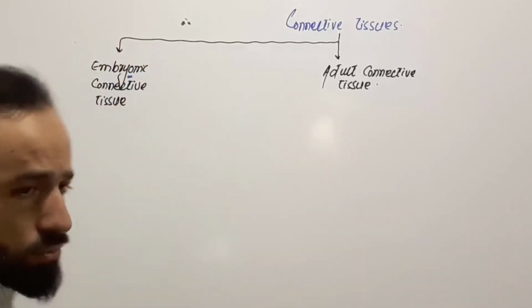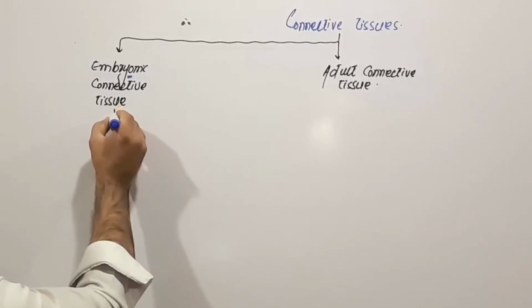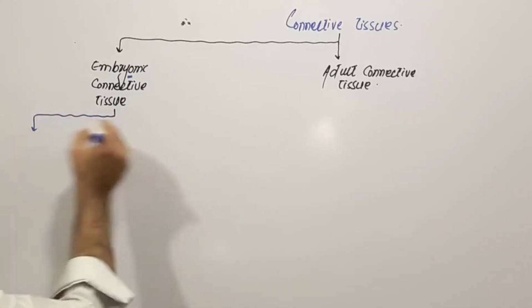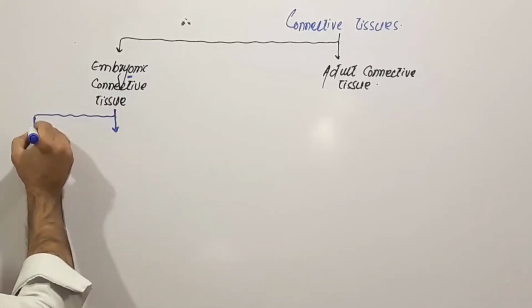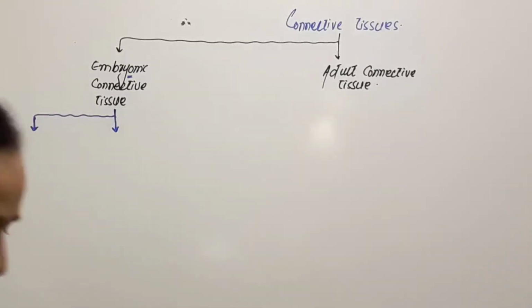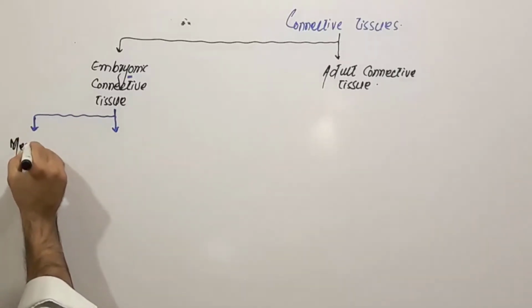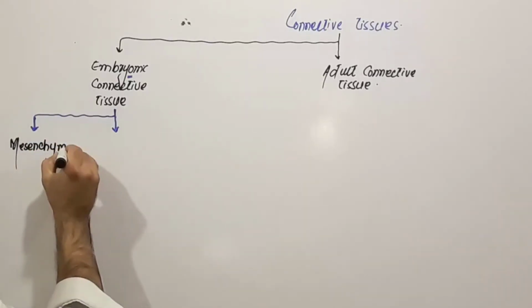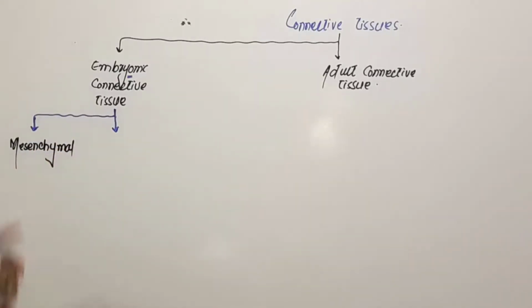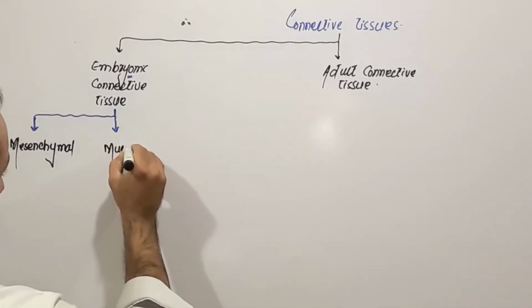Embryonic connective tissue is divided into two classes, and what are those? Those are the mesenchymal connective tissue, and I will tell you the detail, and then there is the mucous connective tissue.